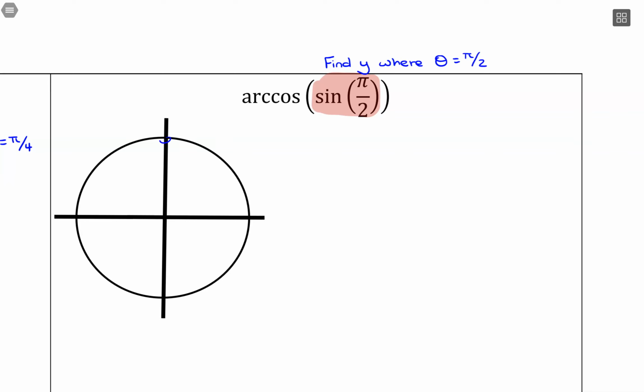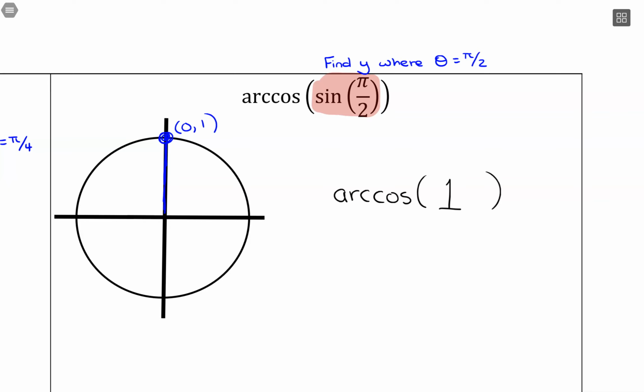So in terms of location, we're up here at 0, 1. So we want to make this replacement. On the outside, we have our inverse cosine. And that sine of pi over 2, we're just replacing it with the y coordinate, which we found is 1.